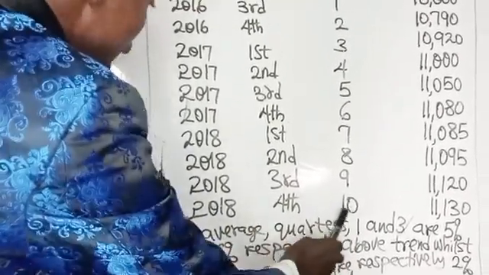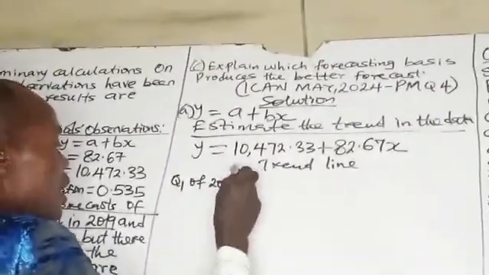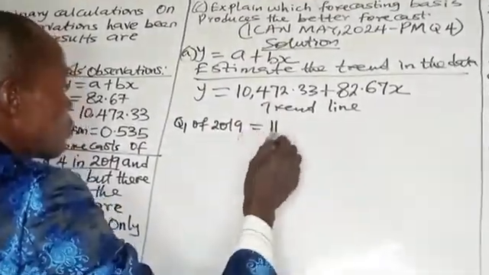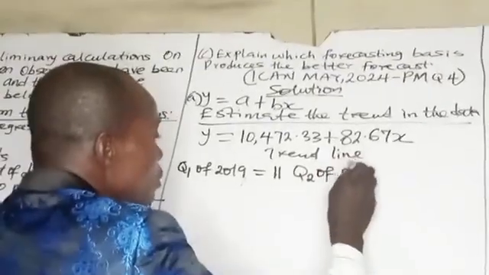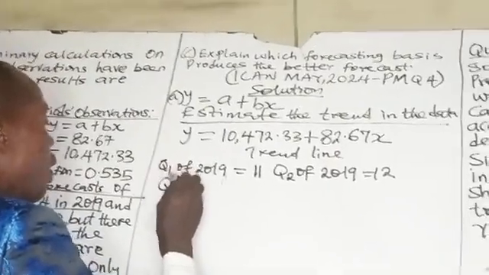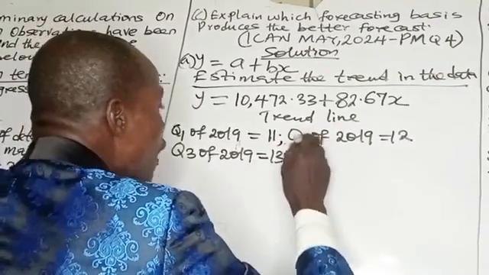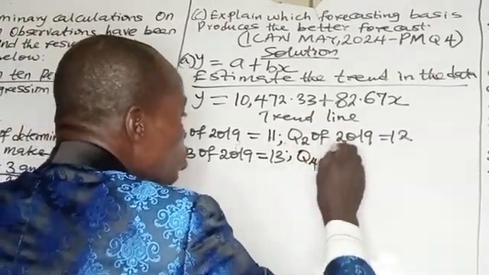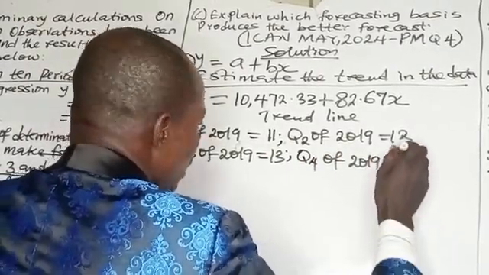If the 4th quarter of 2018 is 10, then quarter 1 of 2019 will be 11, quarter 2 of 2019 will be 12, quarter 3 of 2019 will be 13, quarter 4 of 2019 will be 14.